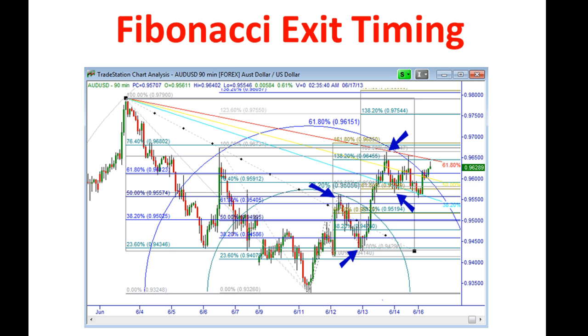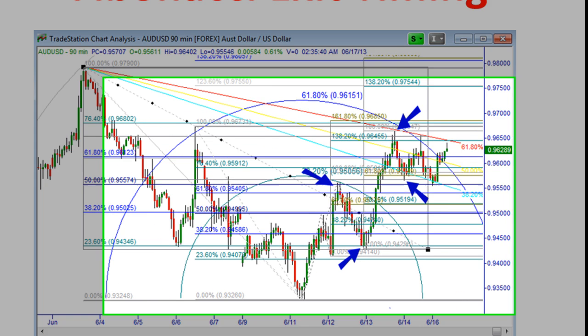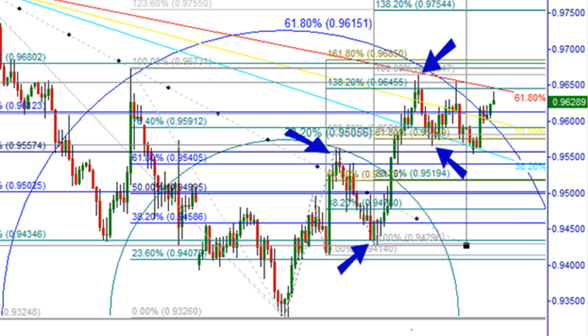I have a lot of different types of Fibonacci action shown on this chart, and in fact, if you're doing your own trading, it might seem a little too cluttered. However, I wanted to show you how some of those levels really do come together and provide that extra level of confidence for support and resistance levels. So, for example, we have the initial rally here off of the lows.